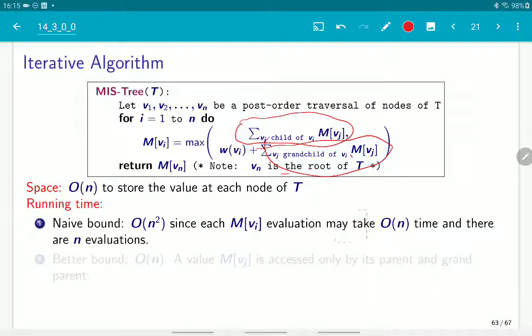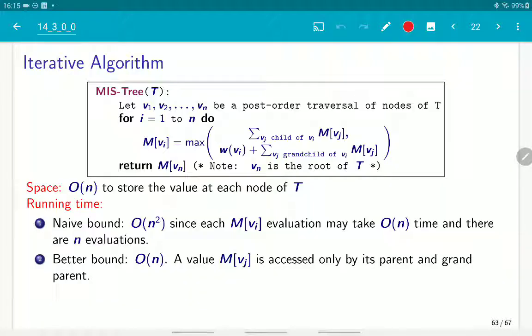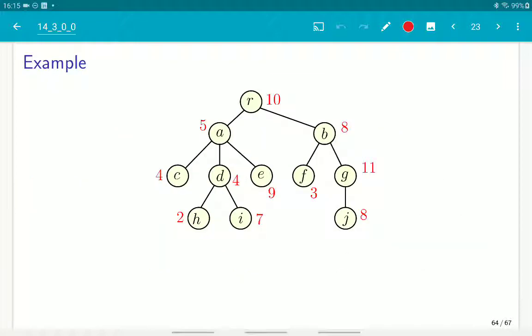So the number of values being read from the table throughout the execution is O of n, which implies that overall the running time of this dynamic program is O of n. Right, so that's kind of cool, and all we had to do was to improve the analysis because the running time was linear before.